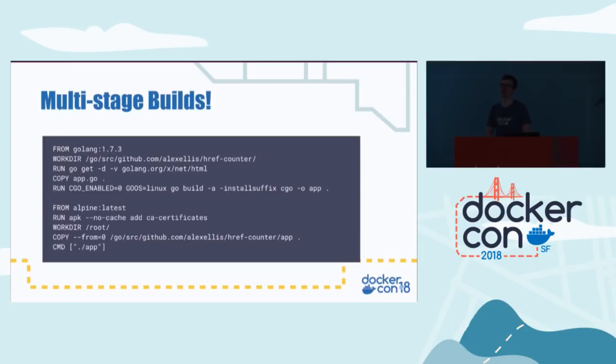This is able to build multiple images from one file, and certainly for compiled languages that have a static binary, Go being a good example, being able to do this is very simple. The first image we build will compile the application, and then we copy just the static binary into the second one. That means we don't need our build toolchain or any testing tools in our final production image. That's going to make it much smaller and also more secure, just from less surface area. So if you haven't already seen multi-stage builds, I would definitely get using them.